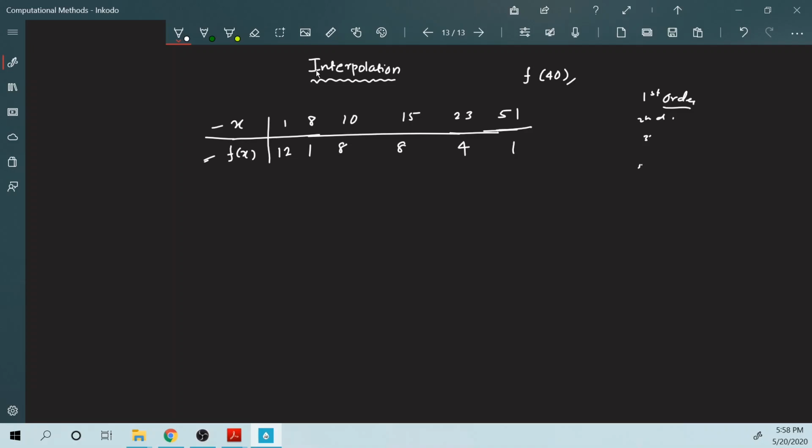Now when you talk about interpolation, there are two methods for finding out the interpolating polynomial. The first method is the Lagrange polynomial, or Lagrange interpolating polynomial, or Lagrange interpolation.